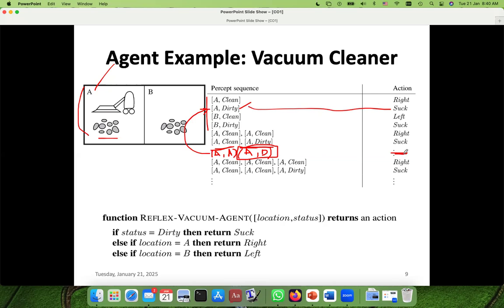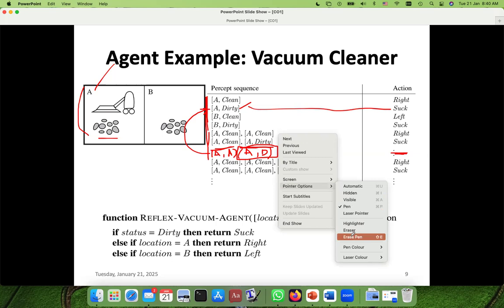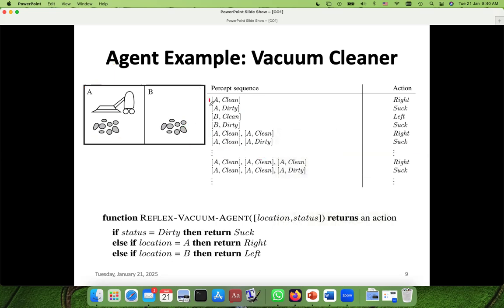This is one way. The other way is you have to write all possible entries. This is the first time, this is the second time, and so on. This is the first time percept with a single entry. This is the second time percept with two entries: one is the previous one, the old one, and then the last is the current one, and so on.